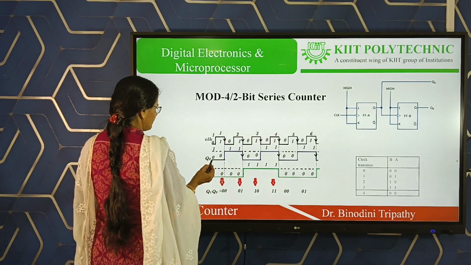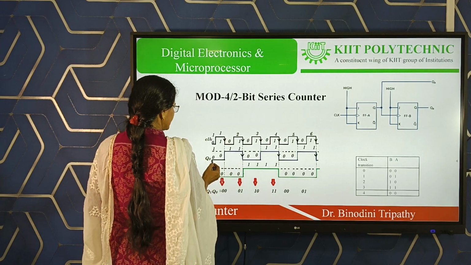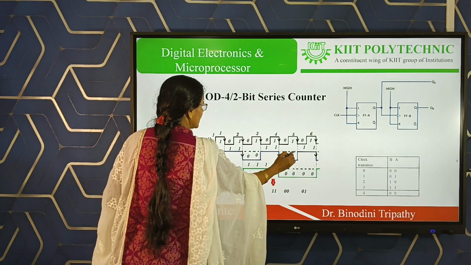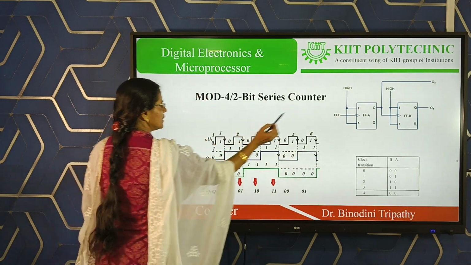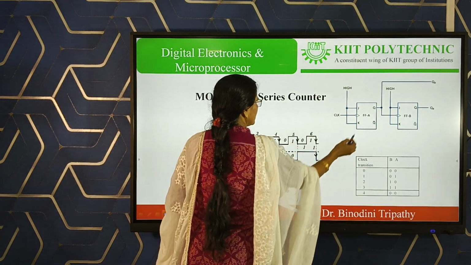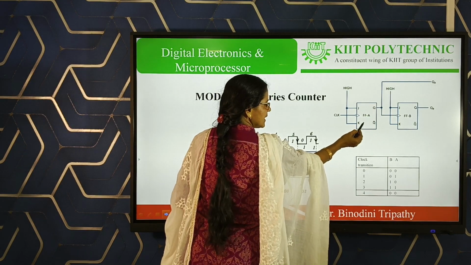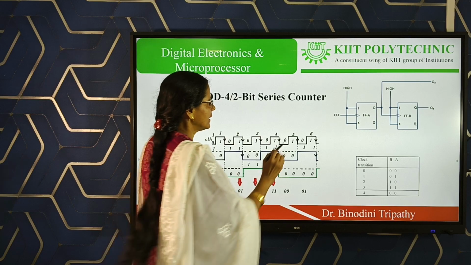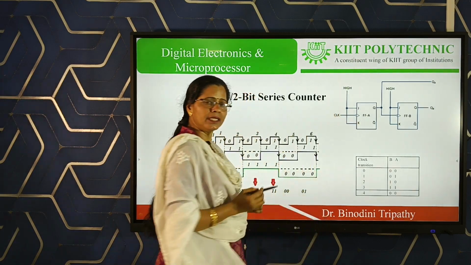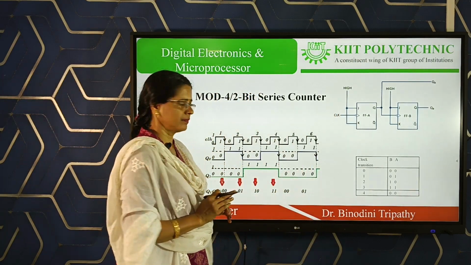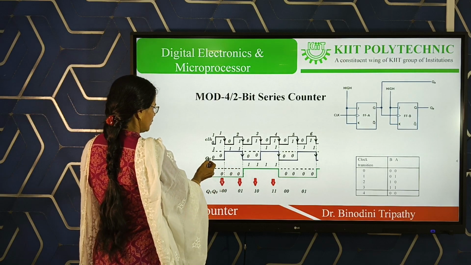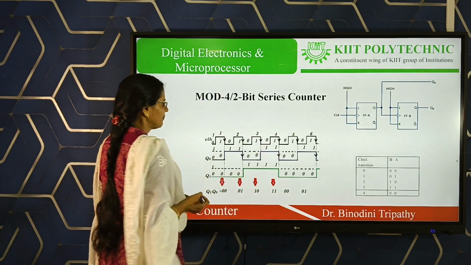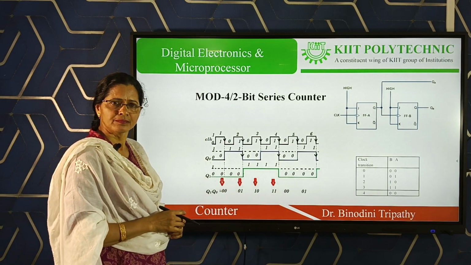So now see, the first flip-flop will change state at each negative edge of the clock input because this clock input is directly applied to the first flip-flop. Now verify. Your first flip-flop is changing at each negative edge of the clock input.